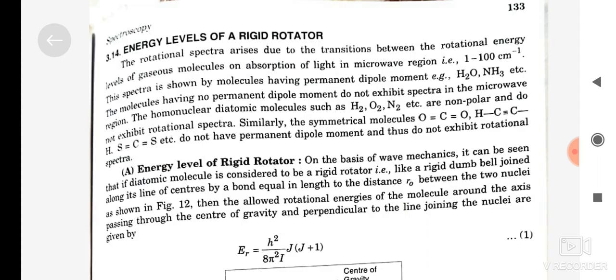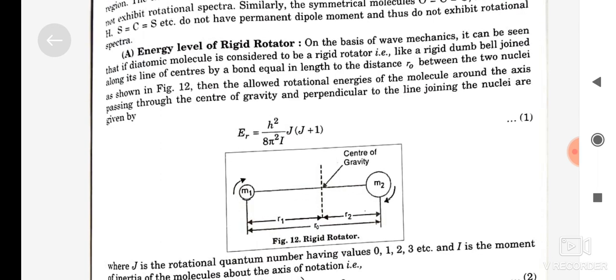Similarly, the symmetrical molecules CO2, CH4, CS2 (S double bond C double bond S) do not have a permanent dipole moment and thus do not exhibit rotational spectra. A. Energy level of a rigid rotator.